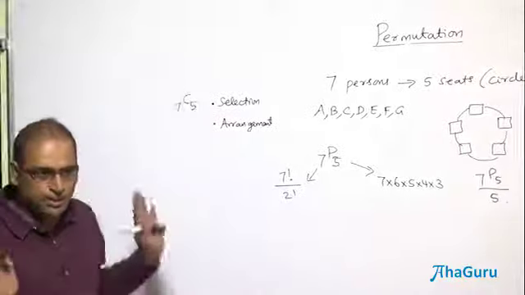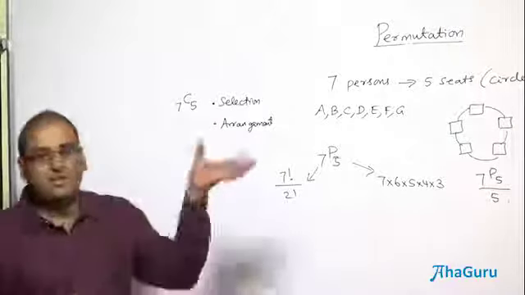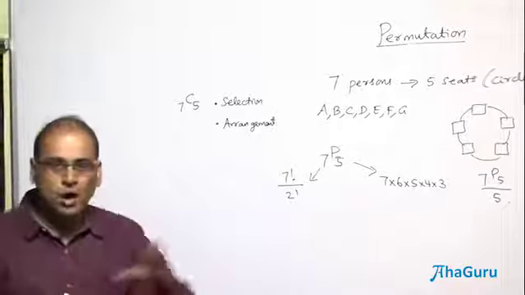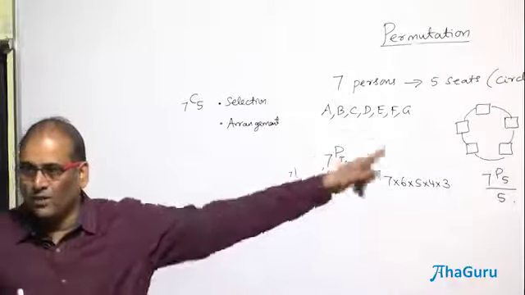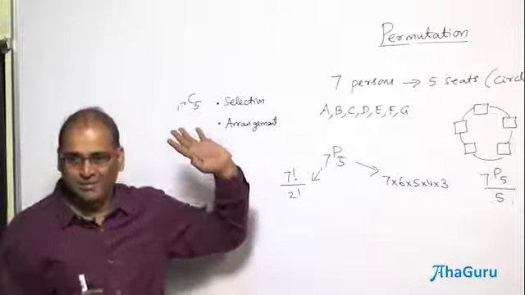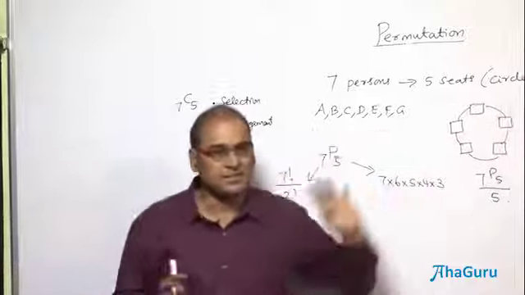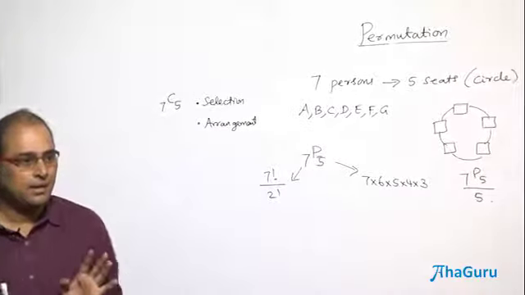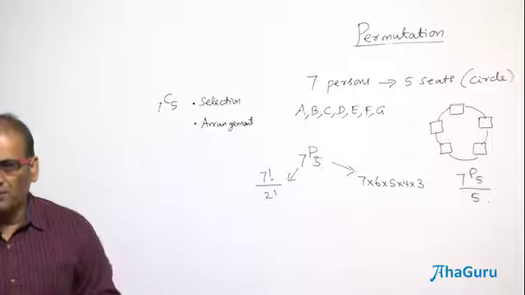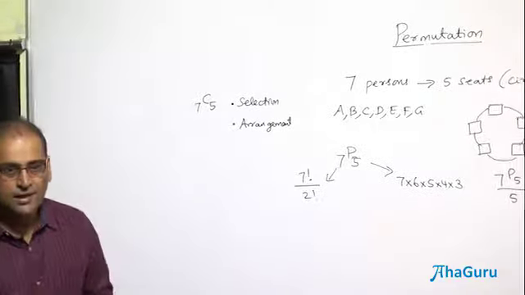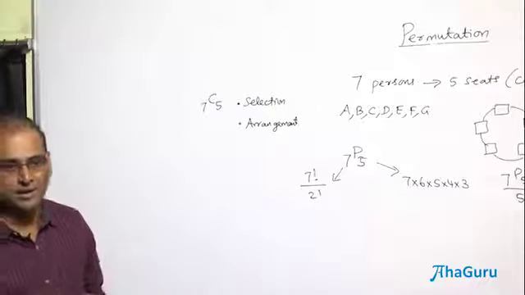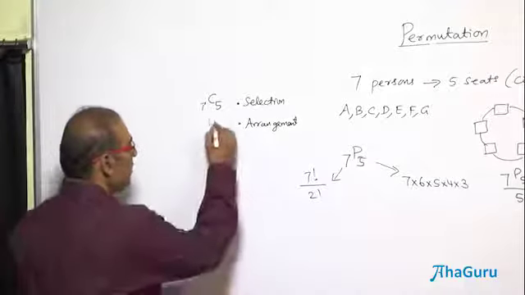That's going to be some number. Arrangement: having selected those 5, how many ways can you arrange? For each selection, how many arrangements are there? 5 persons, 5 seats. What is the number of arrangements? 5 factorial? No, 5 factorial is linear. It is 4 factorial, right? 5 versus 5, 4 factorial.